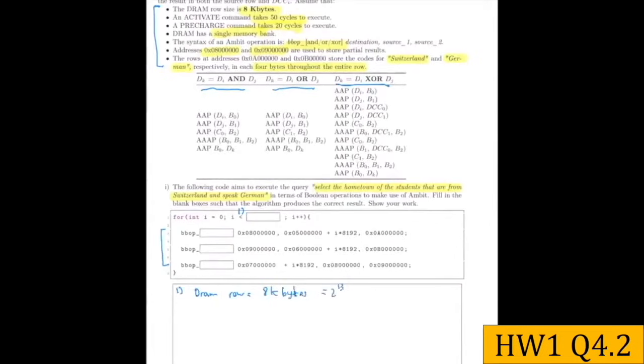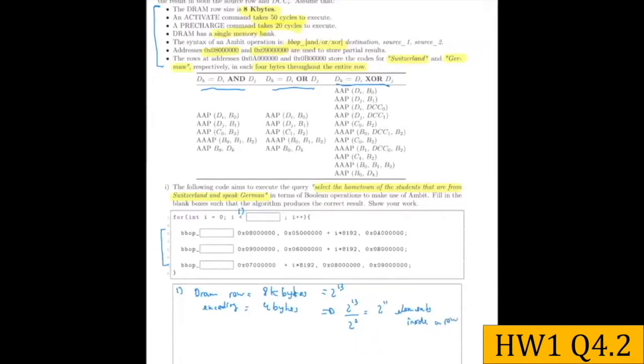And you are going to encode each element in 4 bytes. So it means that you're going to have 2 to the 13 divided by 2 to the 2, which is 2 to the 11 elements inside a row.